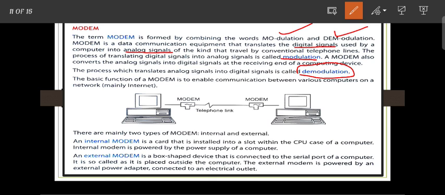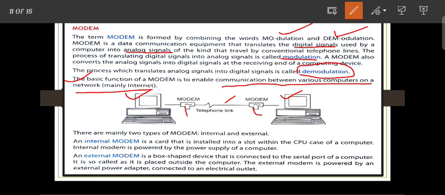The basic function of a modem is to enable communication between various computers on a network. So this is a computer and this is a computer, and all these computers are connected with a modem, and these modems are connected with a telephone line.